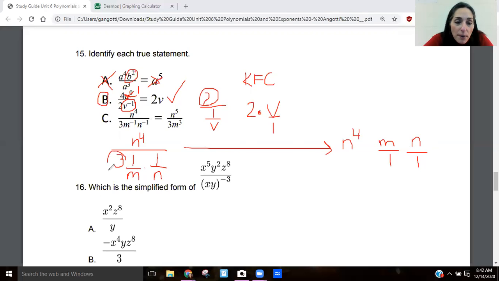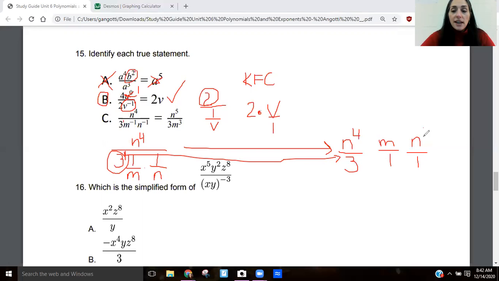This 3 in the bottom just stays underneath, because the 3 does not have a negative exponent. The 3 is raised to the positive 1. There's really a little 1 right there. So this becomes n to the 4th times m times n all over 3.